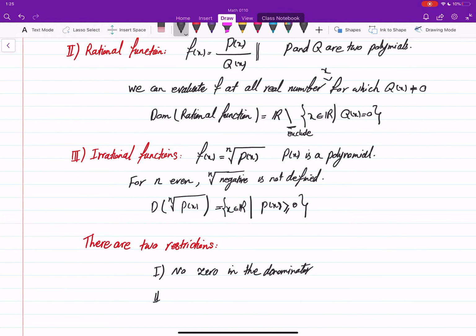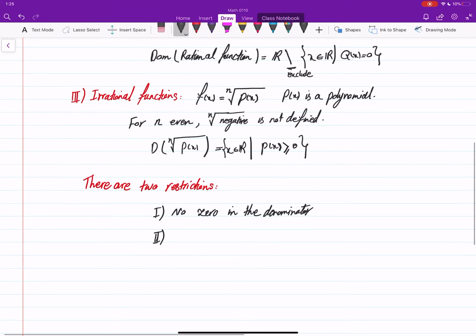The second one is no negative number under an even root.